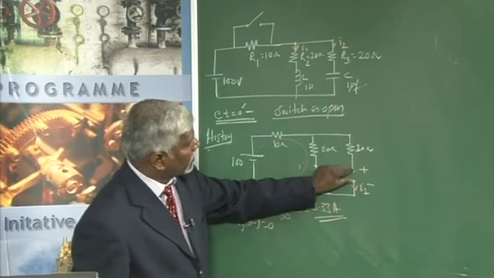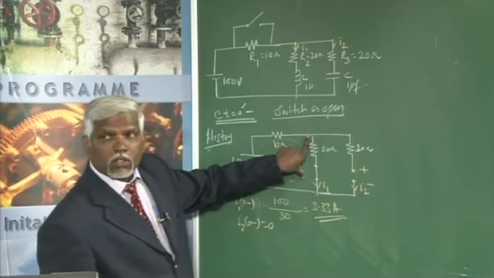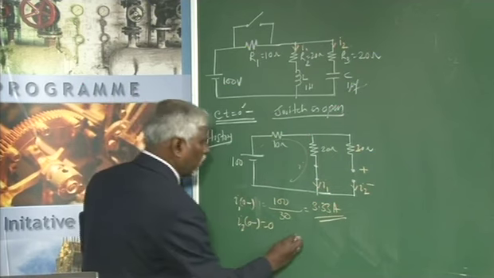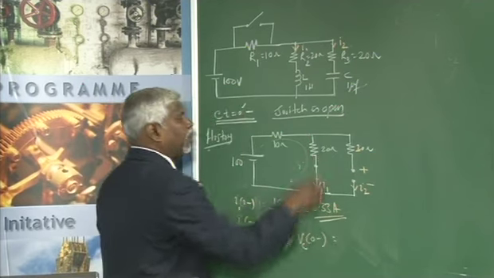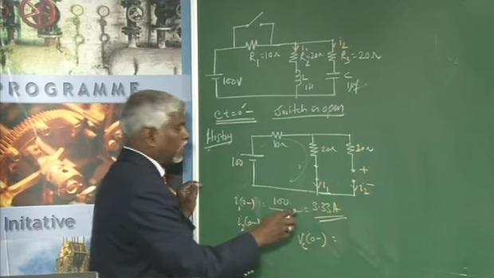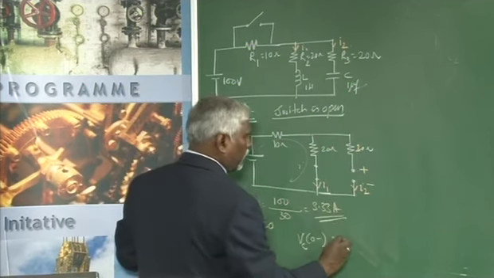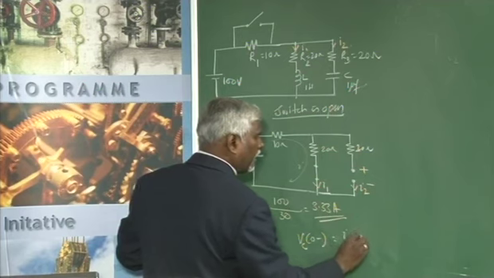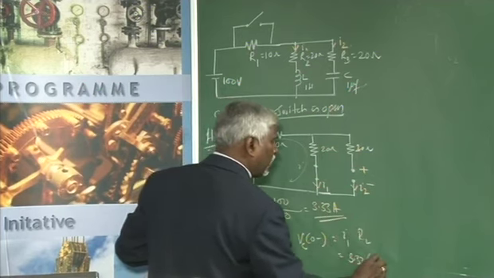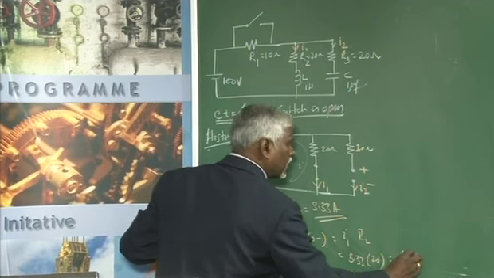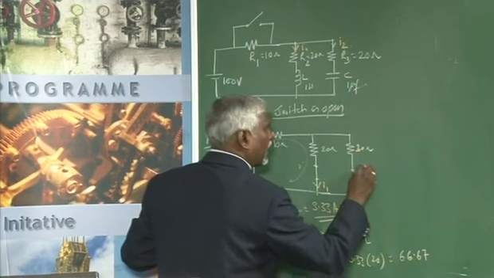Because it acts as open, it will be nothing but the voltage across your 20 ohms. So, Vc at 0 minus will be I1 into R2, which is 3.33 into 20, which is 66.67 volts with polarities as shown.